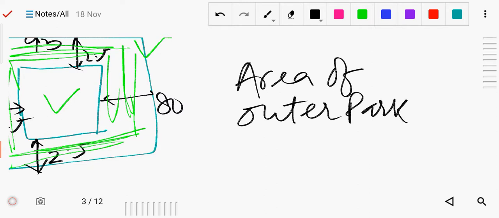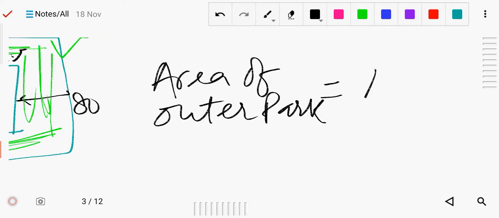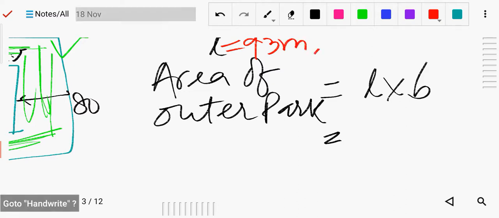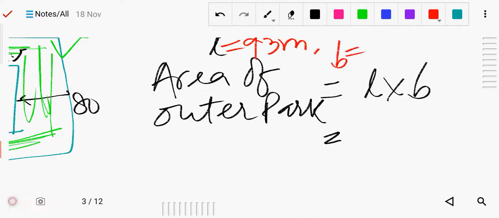Area of outer park will be L into B. First you can mention the dimensions: L equals 93 meter, and B equals 80 meter.